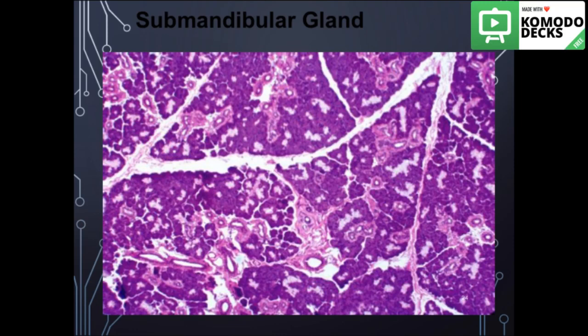We see a predominance of the serous, dark serous type. In between these acini, we see varying diameters of very small intercalated ducts, wider striated ducts, and we don't see any collecting ducts.